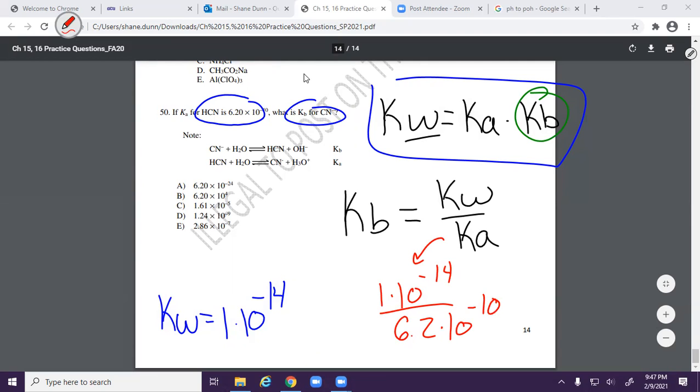What's that equal? I got C. C is correct.